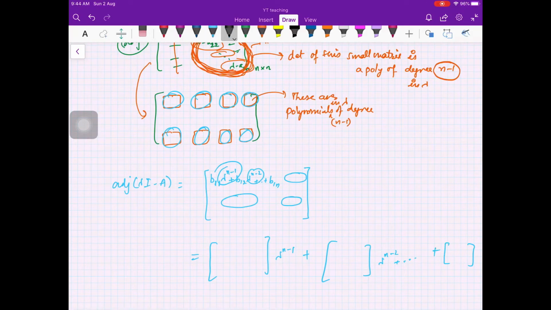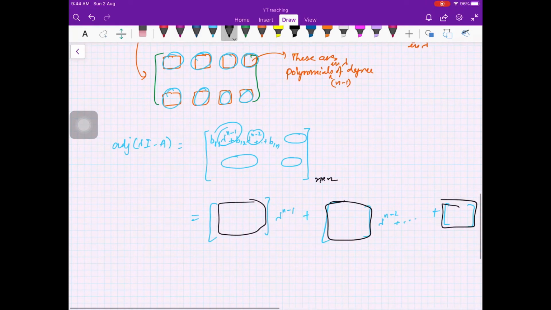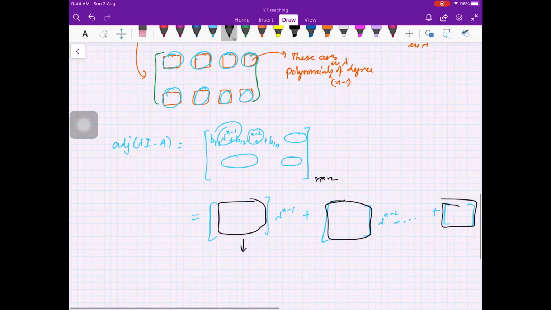So these are matrices. What is the size of the matrix? The same size, n cross n, with entries from your field F. Why? Because b11, b12, b1n are all from the field.